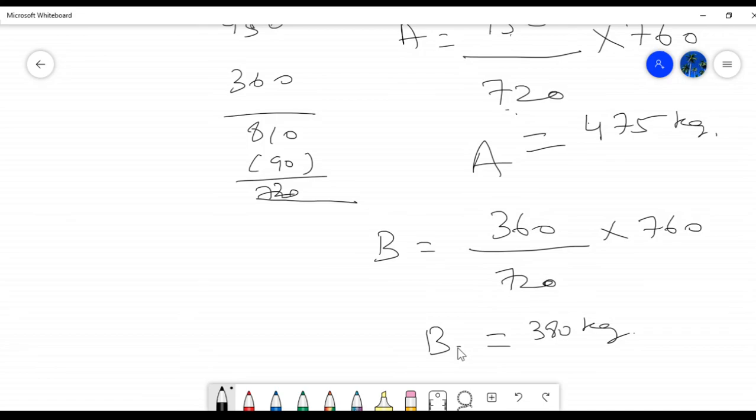Similarly, RSQ, the revised standard quantity for actual production. How to identify that?